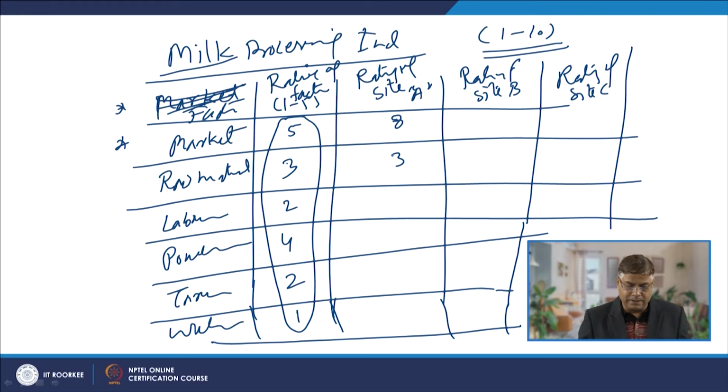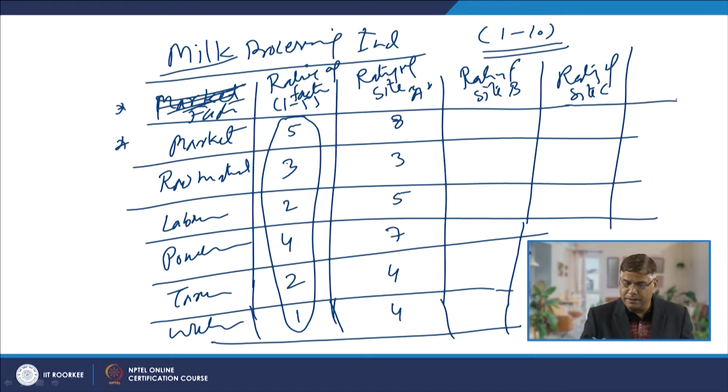Then availability of labor is reasonable, so say rated 5. Power availability is good, so it will be rated 7. Taxation is high, which is an undesirable thing, so it will be rated low. Water availability is limited, so it will also be rated low. Likewise, we will have the other sites also. Each of the sites has to be rated with respect to these factors.